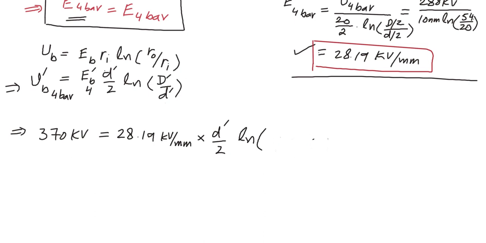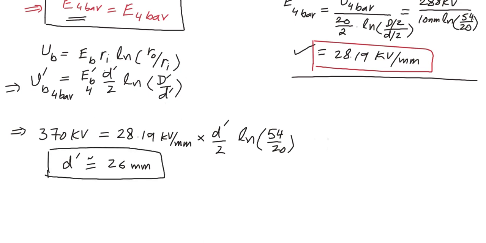How much was it? It was 54 by 20. Now we have only one unknown, which is d bar. After we solve this, we get d bar approximately equal to 26 millimeter.